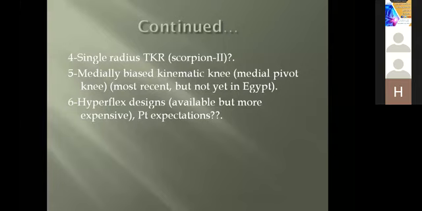Medially biased kinematic knee, or the concept of medial pivot knee that Dr. Sufyan illustrated enough in his biomechanical presentation about the kinematics and biomechanics in the last presentation. Although it's the most recent, it is not yet widely introduced in Egypt. Hyperflex designs are available, but more expensive, and you have to talk with your patient about his expectations.